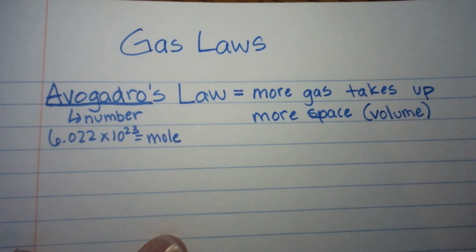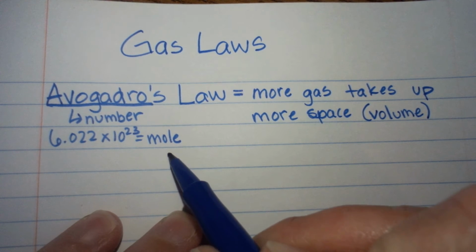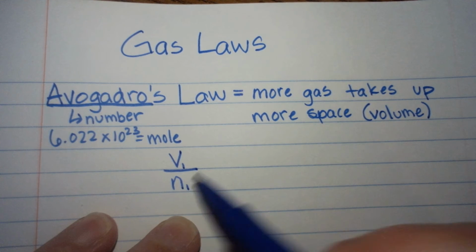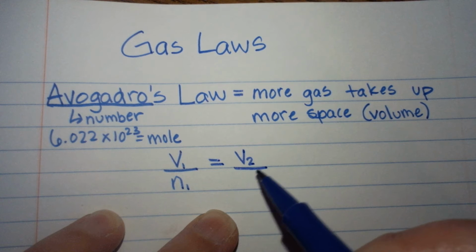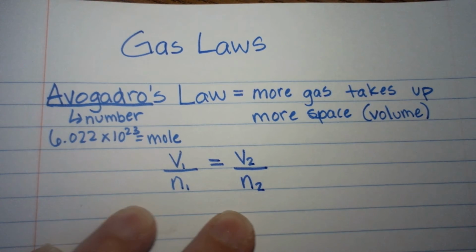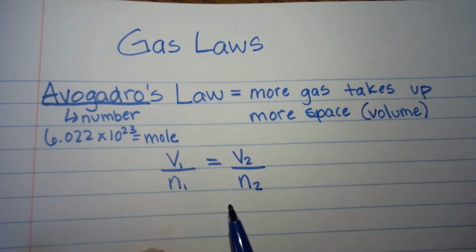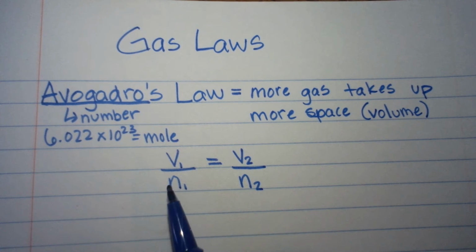So what is the formula? We know we're going to have to use formulas for this. The formula for Avogadro's law is volume 1 over number of moles 1 equals volume 2 over number of moles 2. What are these?